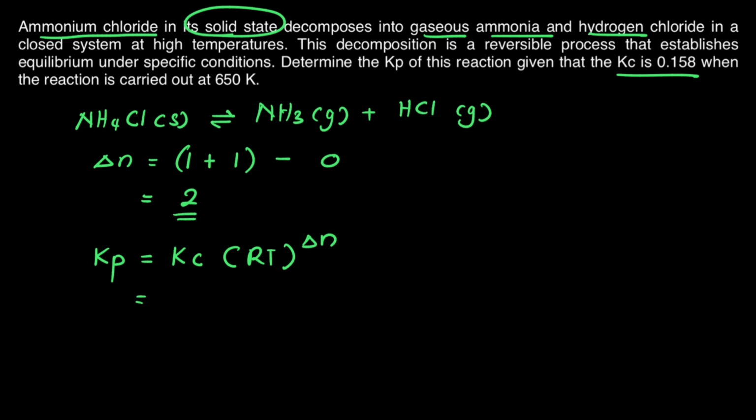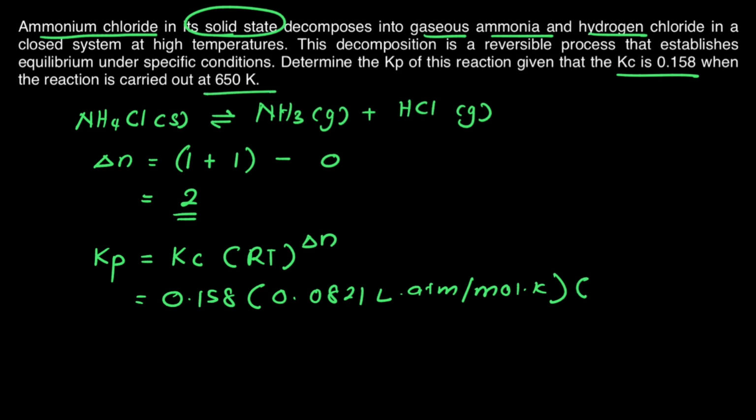Alright, so your Kc is given in the question, 0.158, and your R is the gas constant, 0.0821 liter atmosphere per mole Kelvin. So your T is 650 Kelvin, and all these things you need to do to the power of your delta n, which is 2.